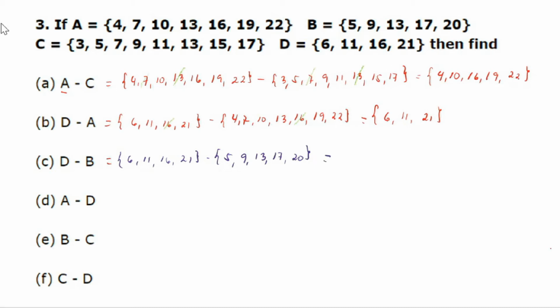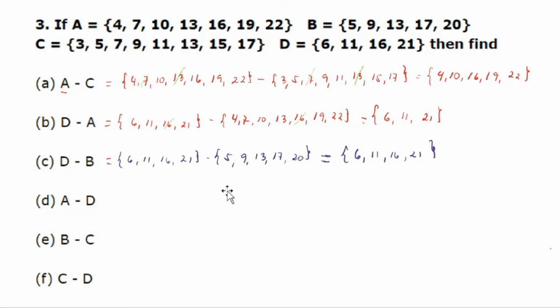So 5 is not present here. 9 is not present on set D. 13 is also not present in set D. 17 is not present. And 20 is not found in set D. So therefore, we did not cancel anything from set D. So therefore, our D difference B will be set D, whose elements are 6, 11, 16, 21. All right. So that's the answer now.